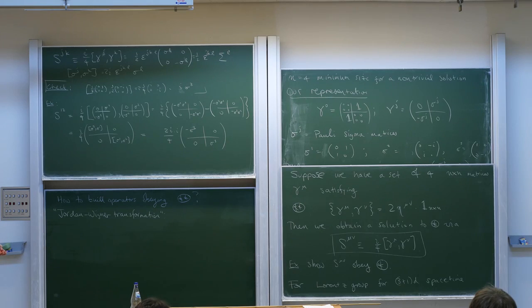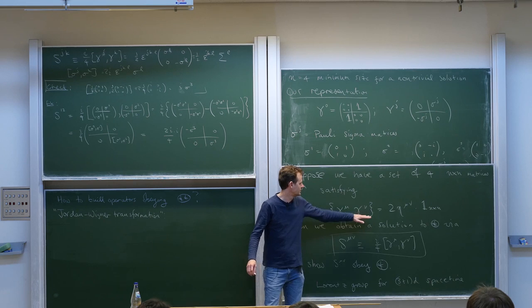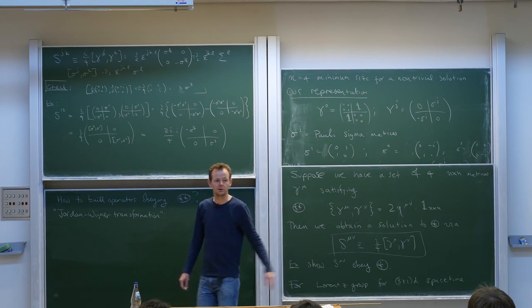So the problem with fermions is that they obey anti-commutation relations, and you can smell the fermions here. There's an anti-commutation relations algebra.